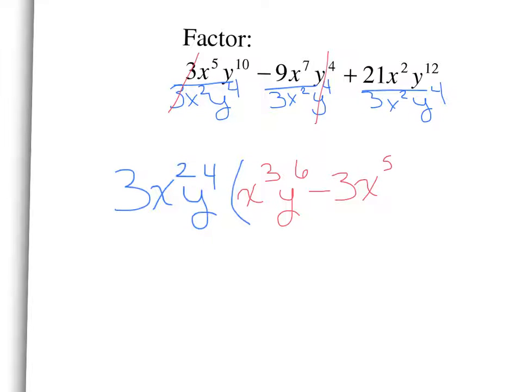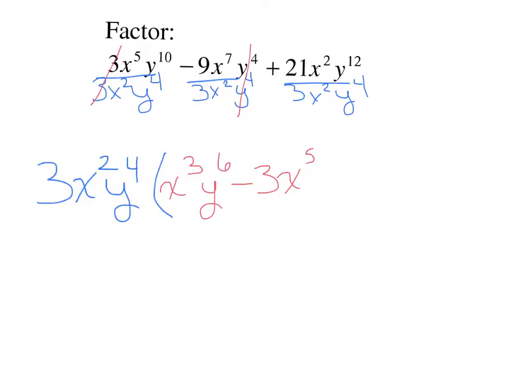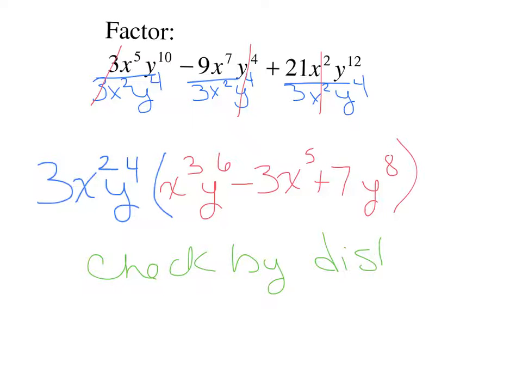And the y's cancel because they're the same. 21 divided by 3 is 7. The x's cancel. And the y's, y to the 12th divided by y to the 4th makes y to the 8th. And of course you can check by using distributive property. Okay? When you multiply these terms back, you should get your original expression.